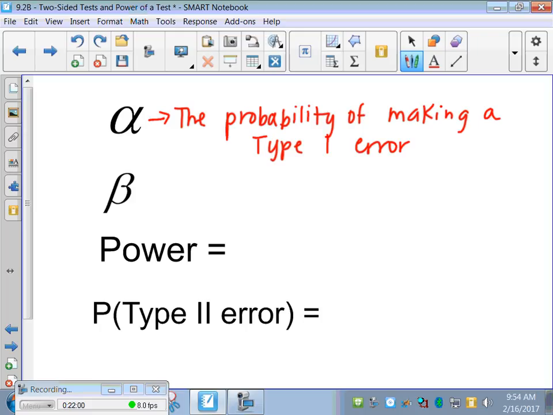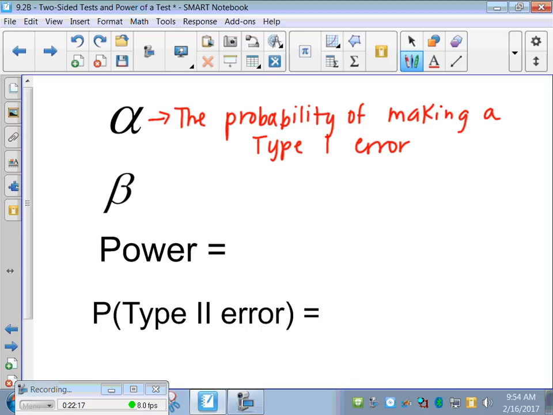So it could be 5% chance, 10% chance, whatever your alpha is, right? And a type 1 error is what? Incorrectly rejecting the null. Okay.